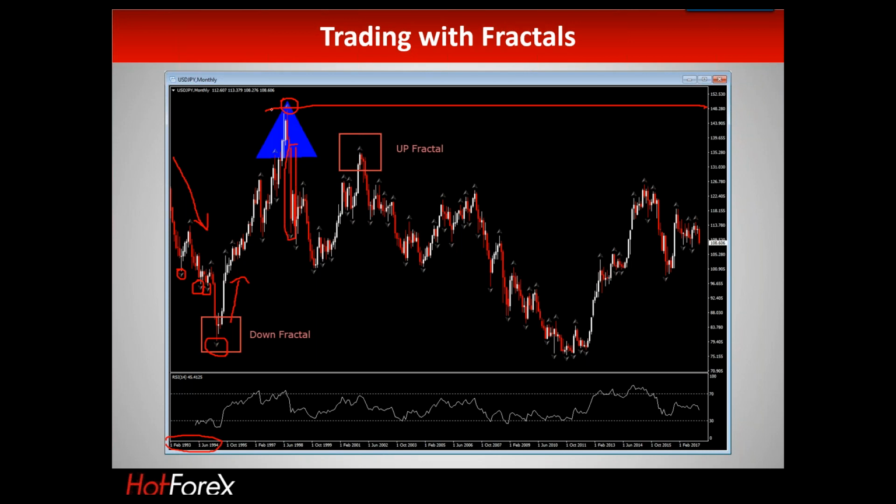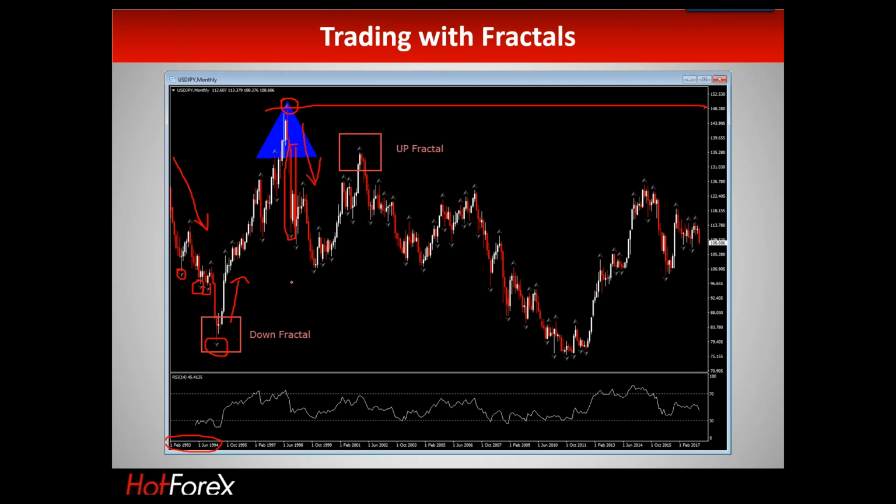So after the full formation of these 5 candles, 1, 2, 3, 4, 5, we have seen these up fractals alerting that it's possible to have a shift of the uptrend to the downtrend. And this is what actually happened.